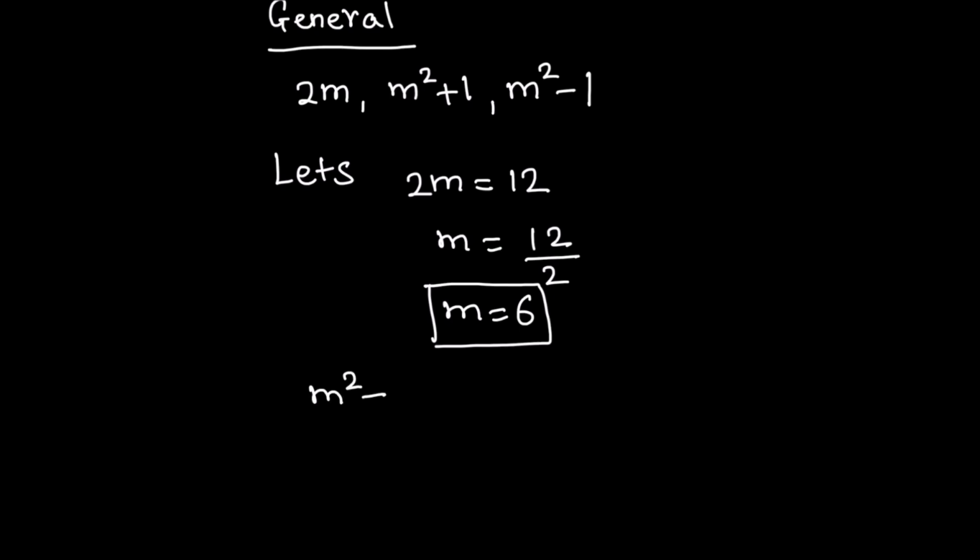m square plus 1, which will be equal to 6 square plus 1, which equals 36 plus 1, which is 37.